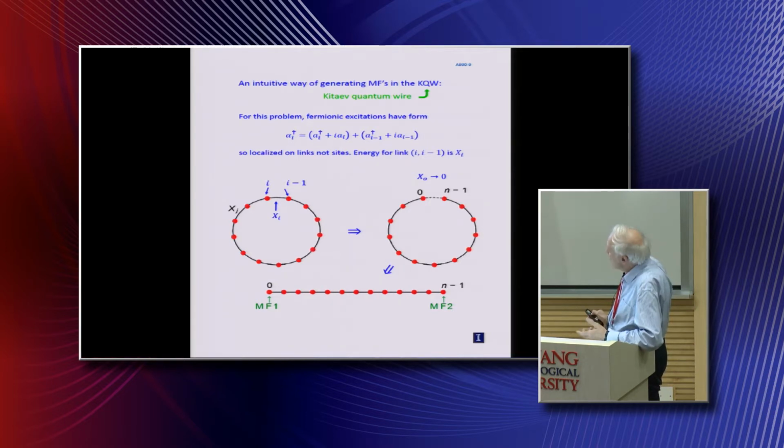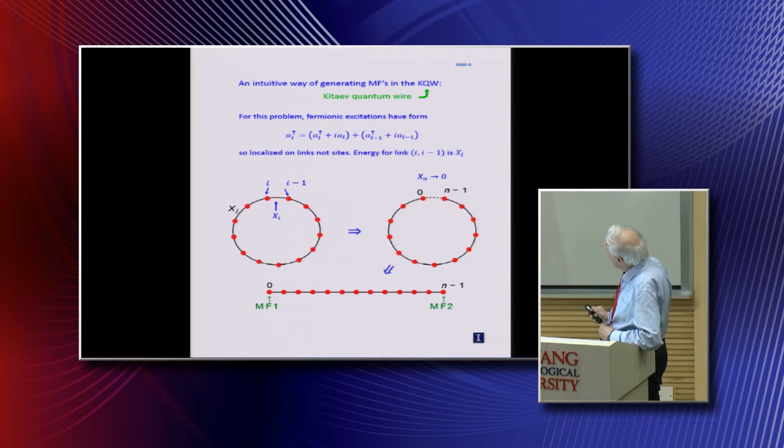Now, I won't go through the algebra, but it turns out that the fermionic excitations for this kind of system have this structure here, so they are properties not of a single site, but of two neighboring sites, or if you like, the links between the sites.